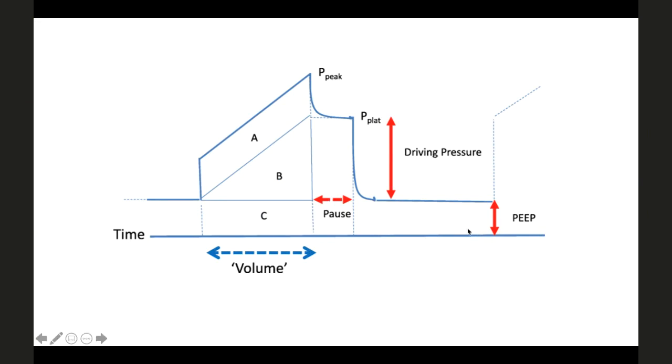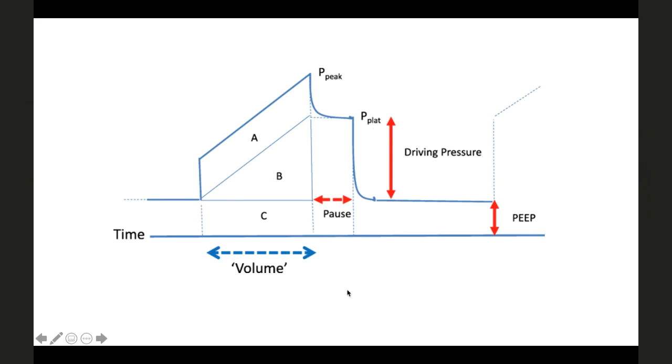Imagine that PEEP is 0. So at this pre-plateau pressure, this is the volume attained. Static compliance is volume attained divided by plateau pressure, because at this phase there is no gas flow. It's static. If there is PEEP, you subtract the PEEP.